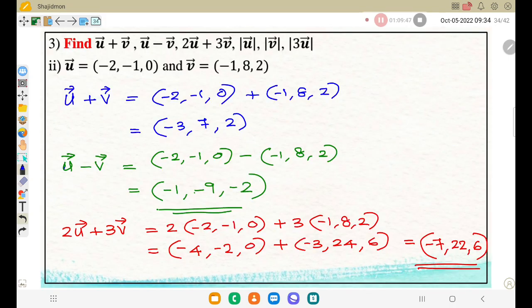Now we will go to what is vector u magnitude, what is vector v magnitude, and what is vector 3u magnitude, correct? So first we will do u magnitude, root of x square plus y square plus z square, because the point is in space.